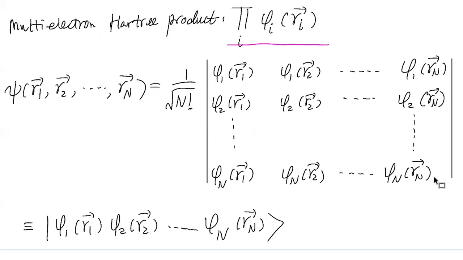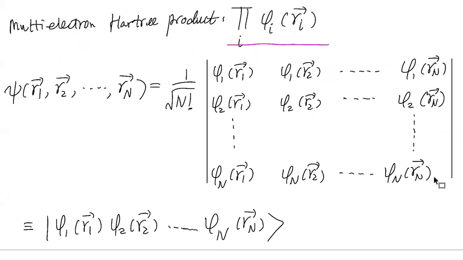And of course, you can have multiple permutations. And this determinant, the expansion of the determinant, will give you all the permutations, right? After all, actually, if you check your linear algebra, the definition of the determinant comes from the permutation.